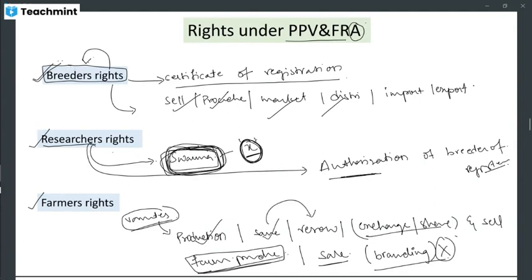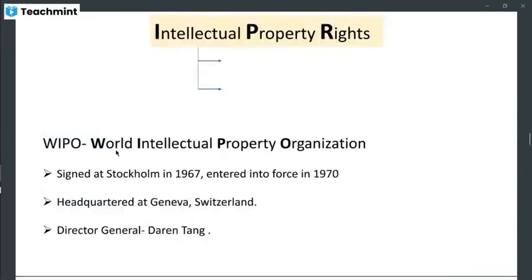They can exchange and share with other farmers and some other companies. They can sell the produce, but they can't sell it by branding the farm produce. So there is no right for farmers to sell in commercial marketing systems; they can't brand them, but they can sell them without branding. So these are the different types of rights under the PPVFR Act: breeders' rights, researcher rights, and farmers' rights.